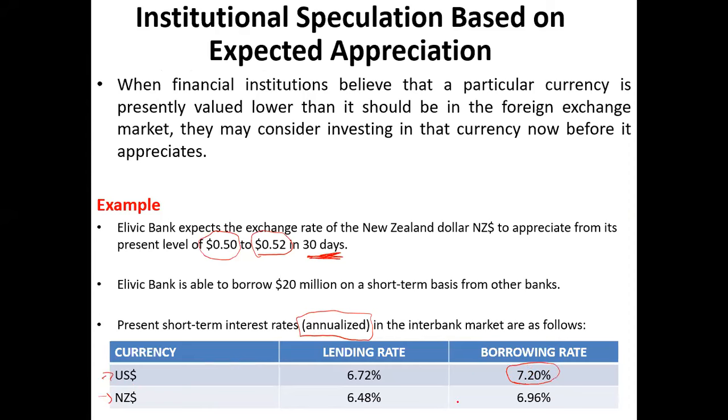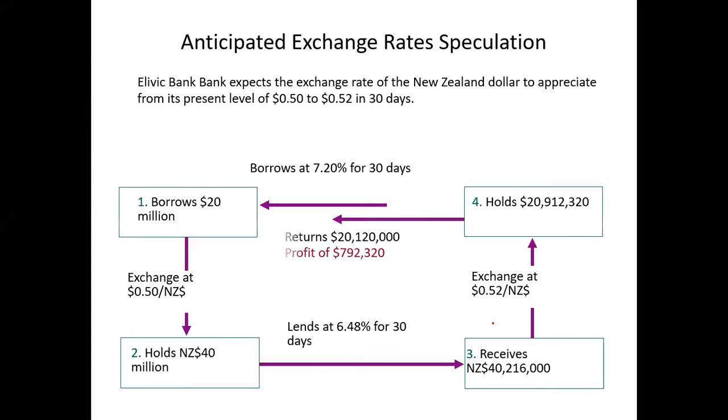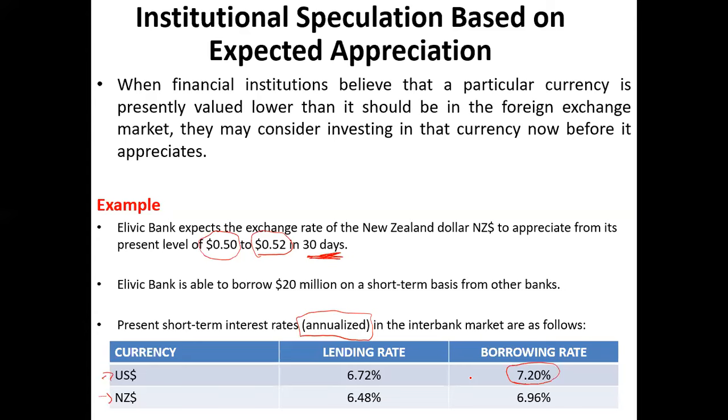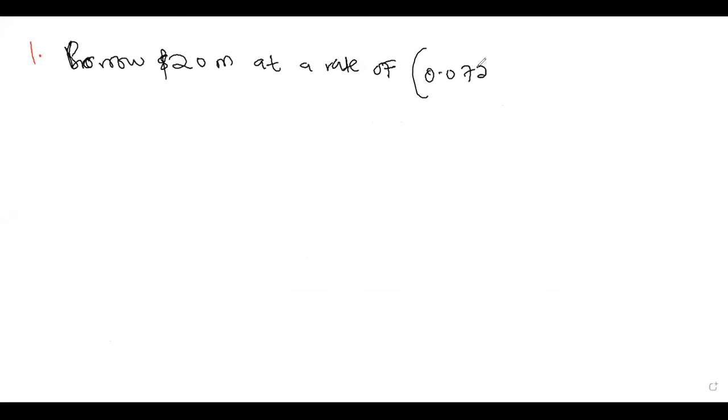So we are going to convert this annual rate to a 30-day rate. How can we convert it to a 30-day rate? It's very simple. How we convert this to a 30-day rate is that the 7.2% is 0.072 times 30 over 365.